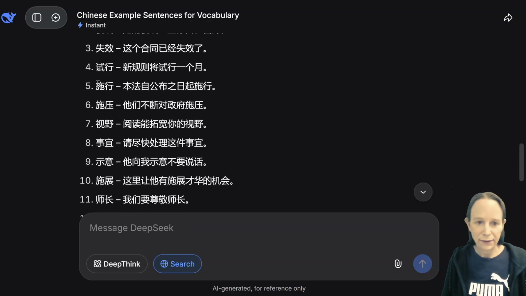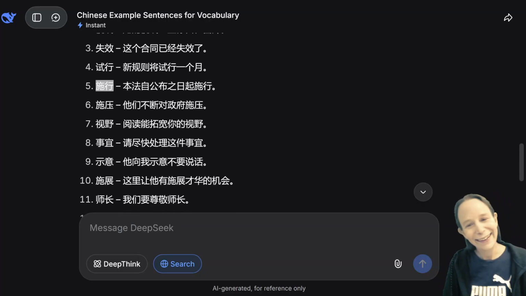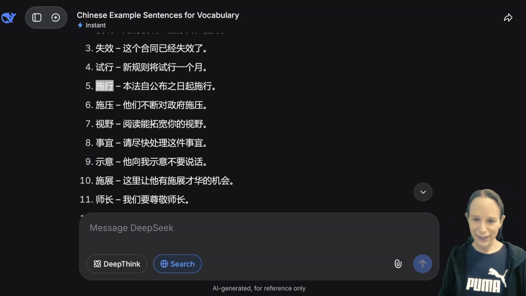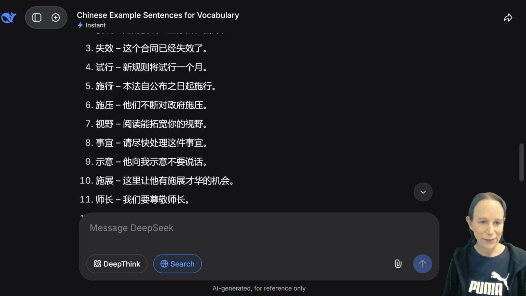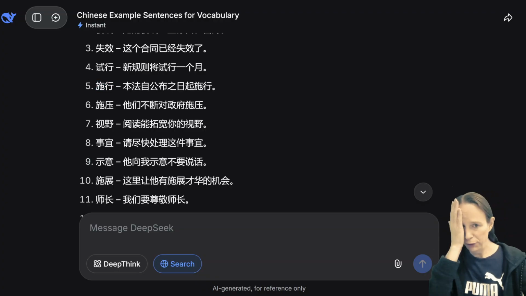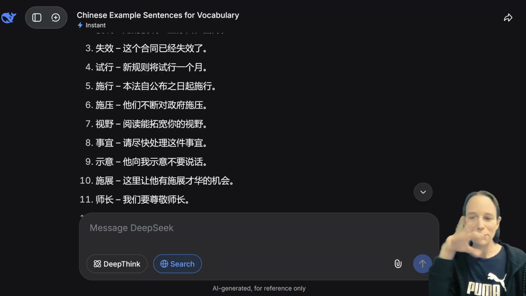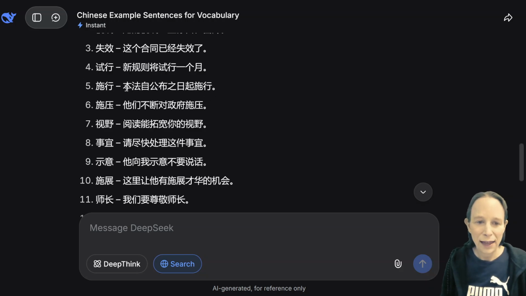All right. 实行. There are a lot of similar words in there. 实行. This is to carry out or implement. This one would be like a policy, if I remember correctly. There are multiple carry out or implement words in Chinese. 本法自公布之日起施行.